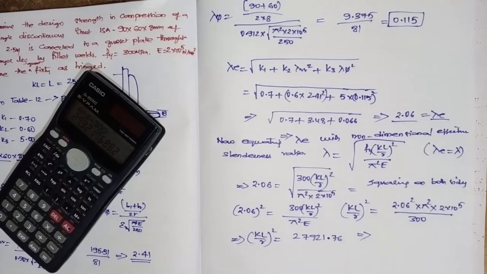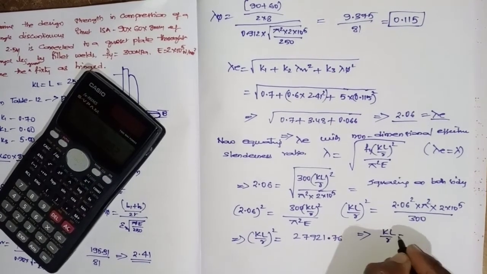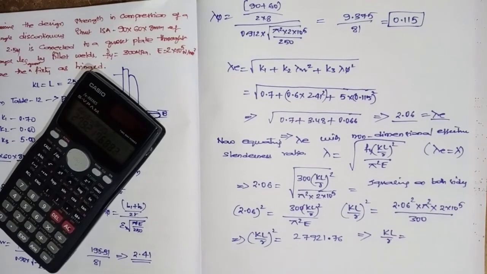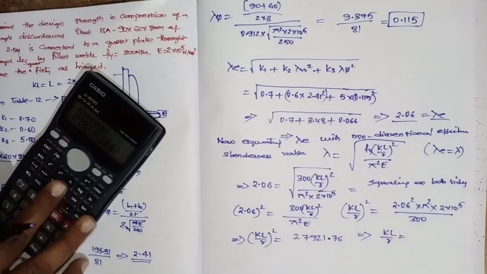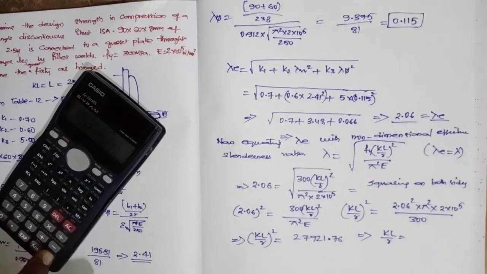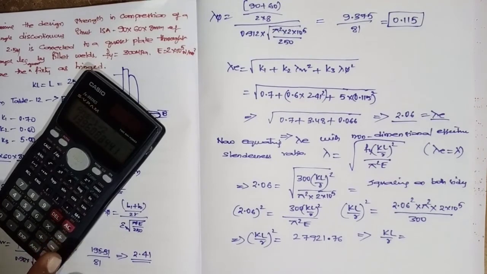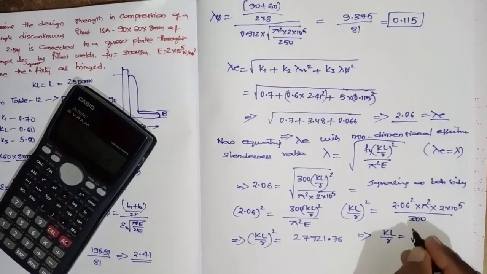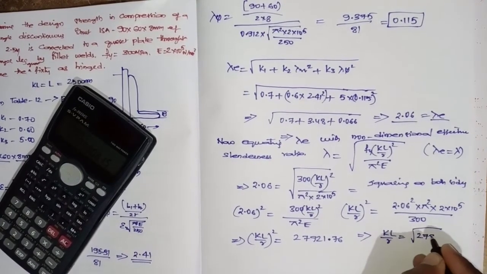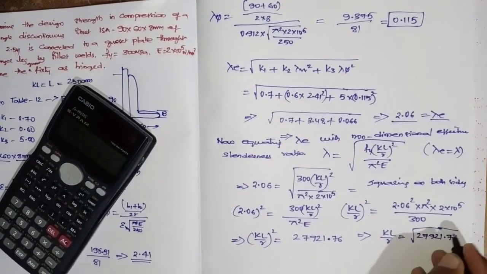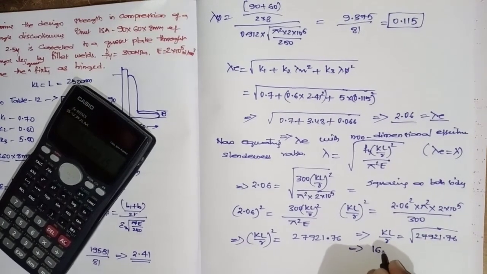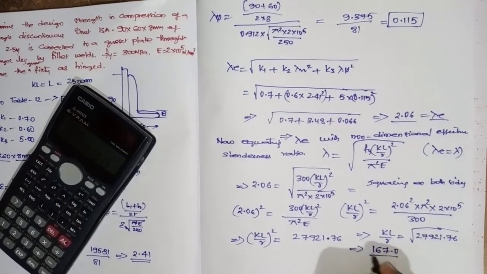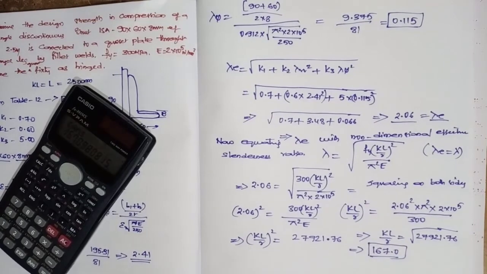Now KL by R equals root of 27921.76, which is 167.0. This is KL by R.